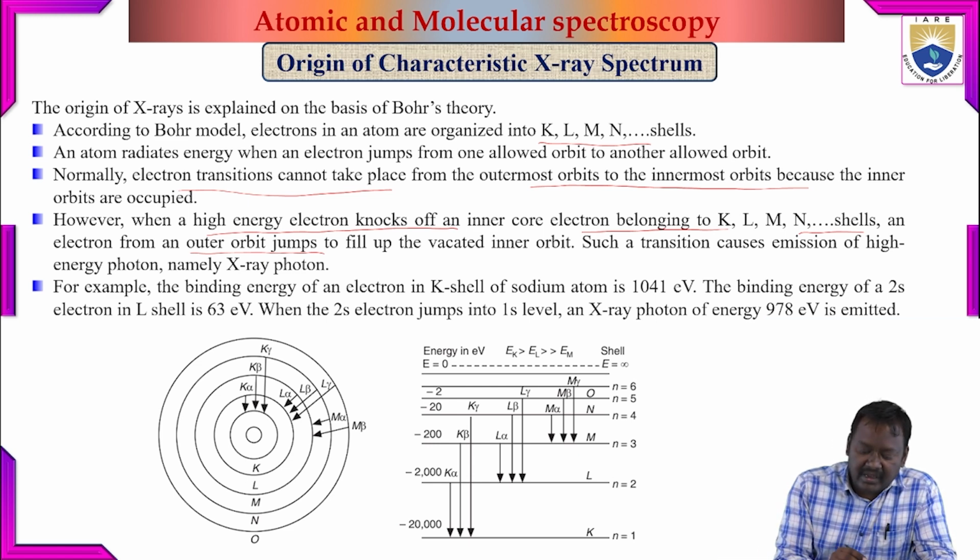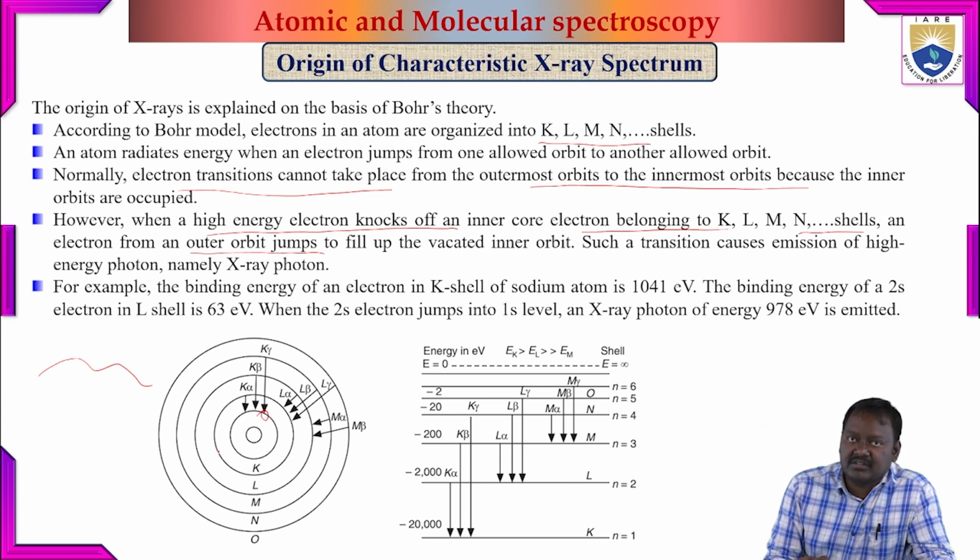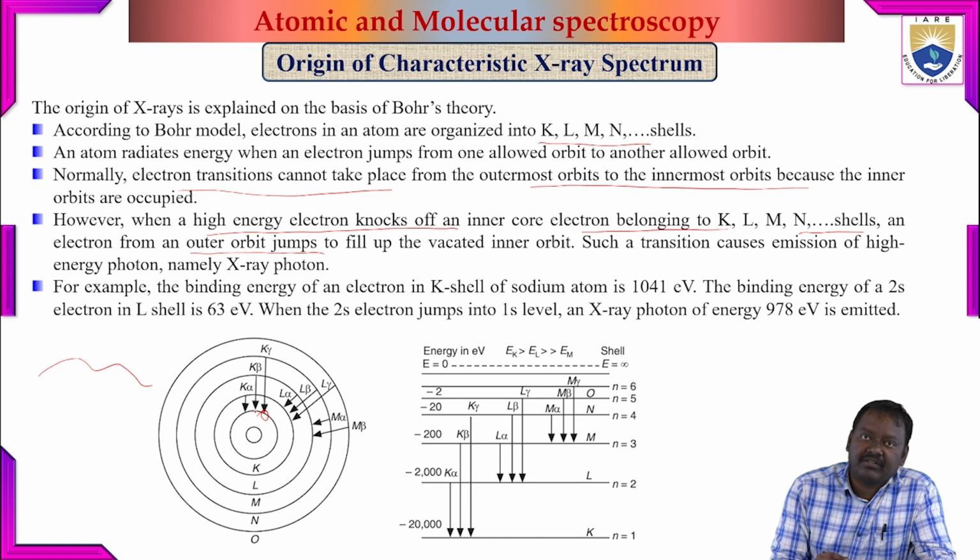So whenever a high energy electron comes from outside, it can knock out an electron in the innermost orbit. So there could be a vacant place, and this vacant place can be occupied by an electron coming from the outermost orbit.